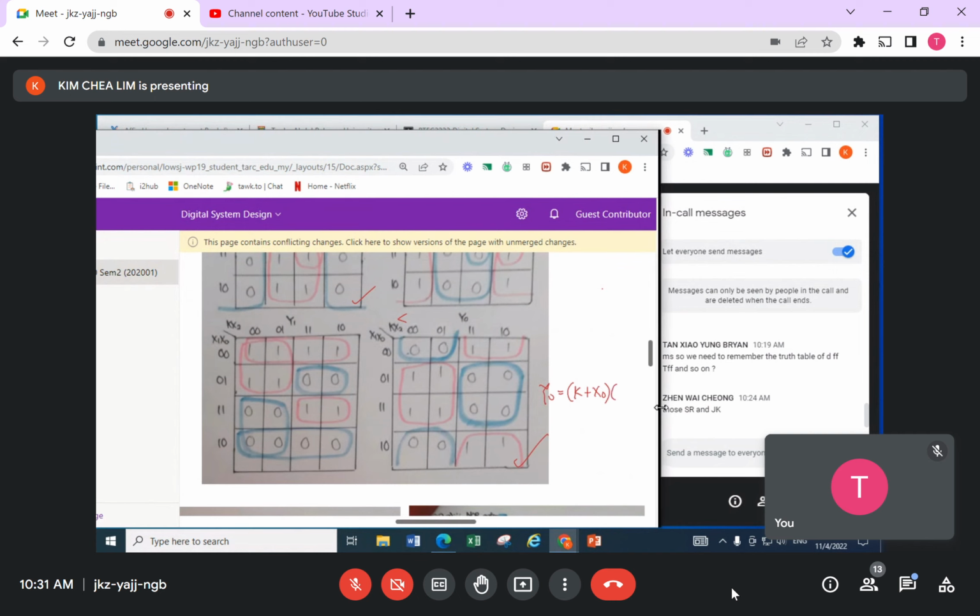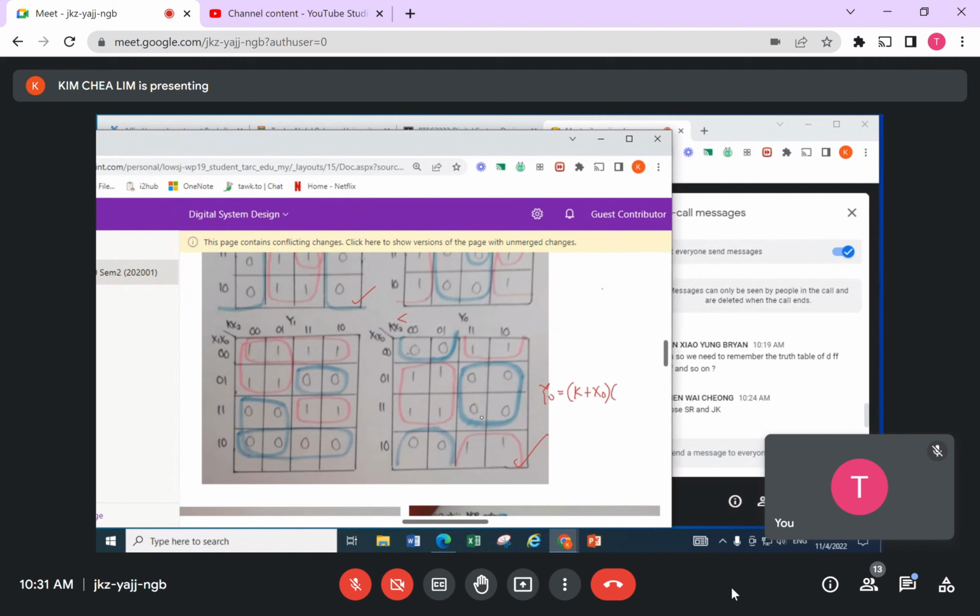Next, I continue with this one. Now I saw K is a 1, but I write the inverse, K bar. Next, this one here, x0 is a 1, but I write the inverse. So this is our product of sums expression. So straight away get your Y0 from here.